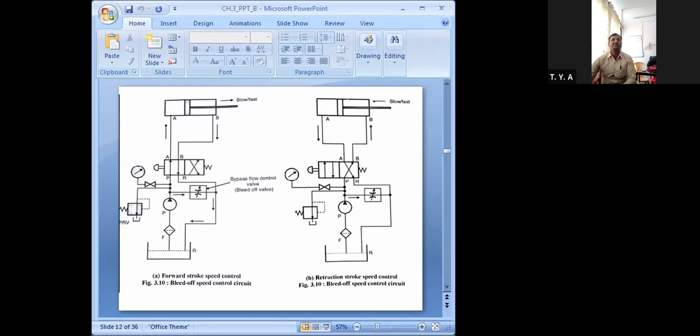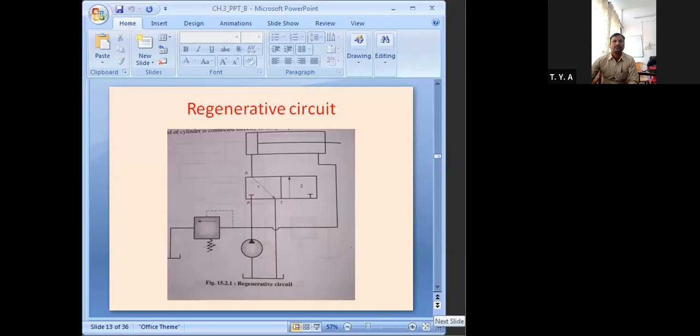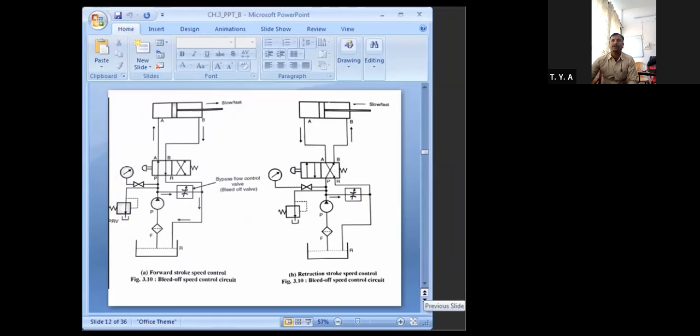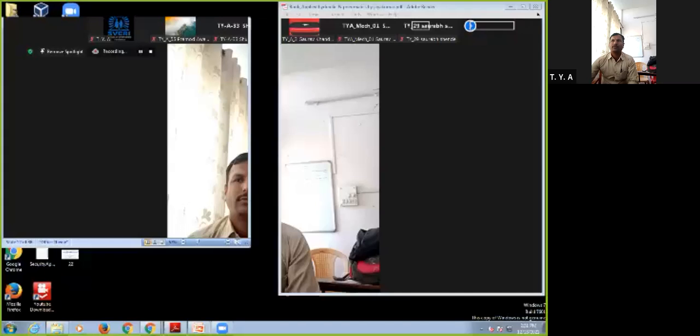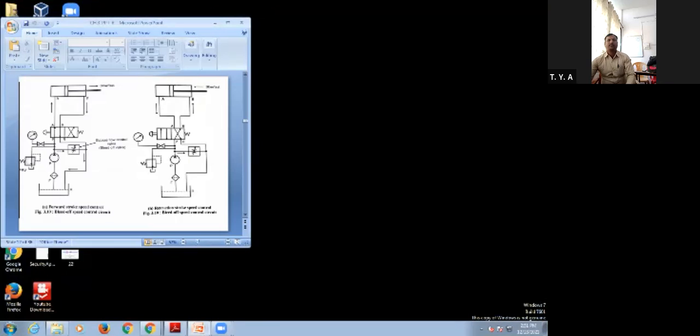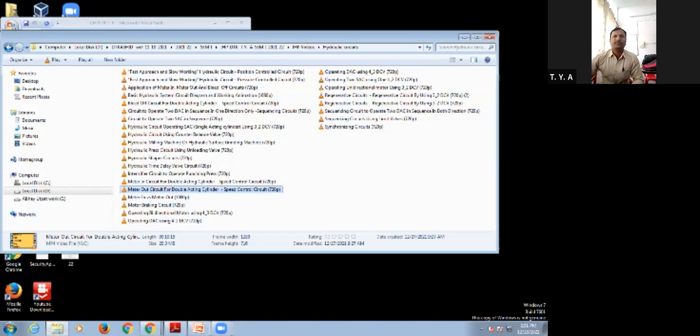What I have just explained, P to A. Bleed off circuit.